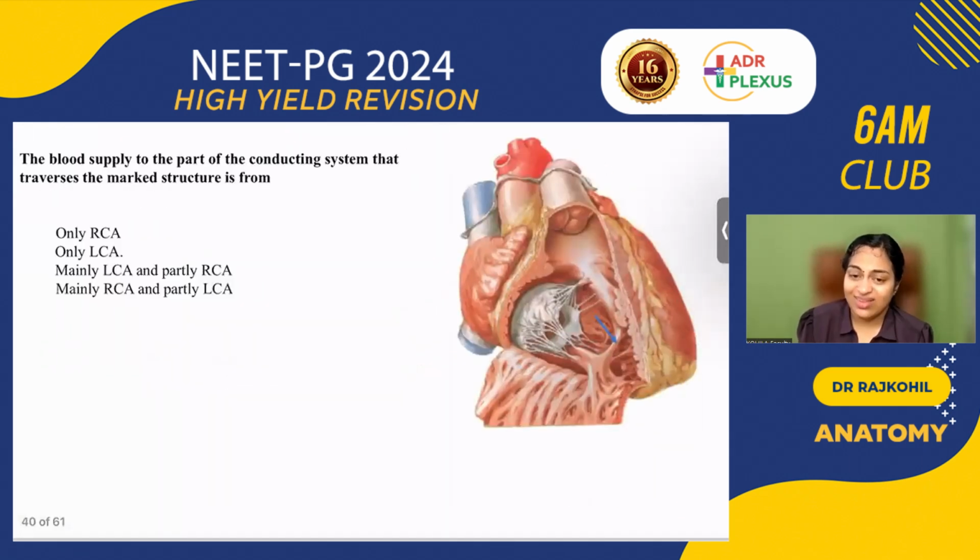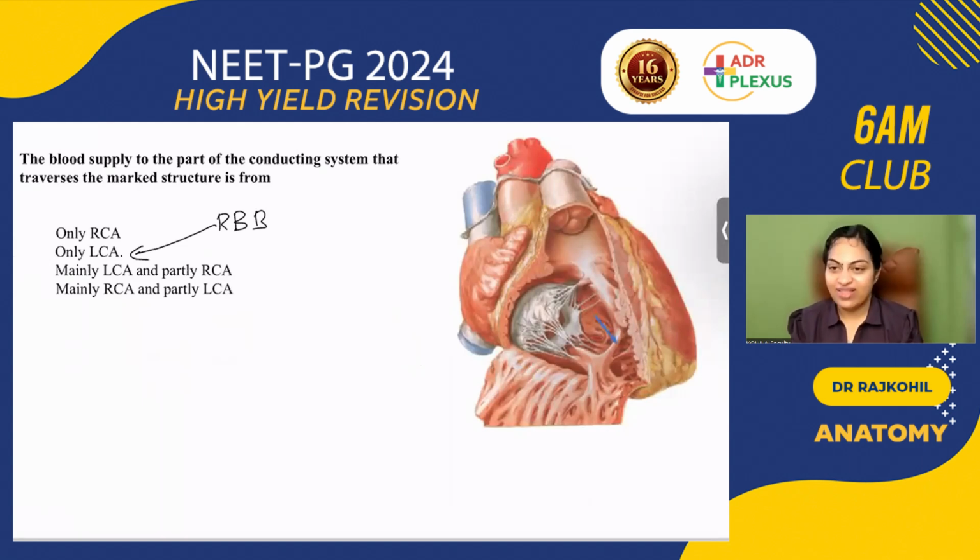This one, they keep asking about the blood supply of heart again and again, right? What is marked there is the septomarginal trabeculae that is traversed by the right bundle branch, which is supplied only by left coronary artery. Is that fine?